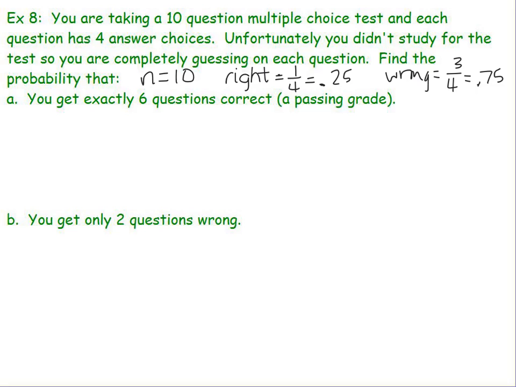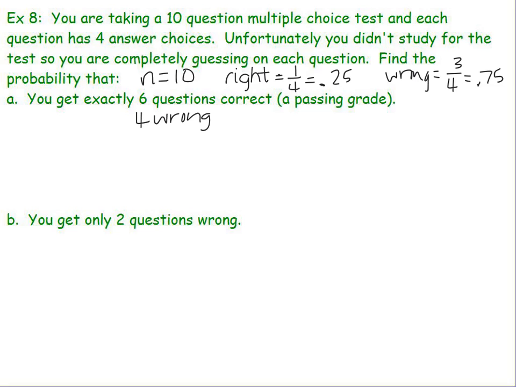So now that we've broken down all of our important info, let's take a look at our question. So what's the probability that you get exactly 6 questions correct or right? So if you got 6 of them right, and there's 10 questions, that means you got 4 of them wrong.